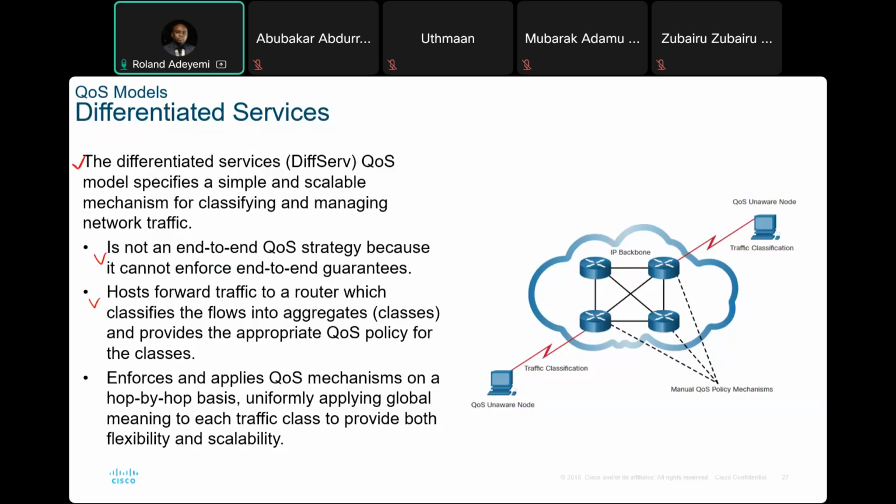You are going to classify the traffic in the order of importance or preference to you. You classify the traffic. And the beauty of this particular one I'm talking about, I may not even classify the traffic based on protocol. I can classify the traffic based on where they're coming from.